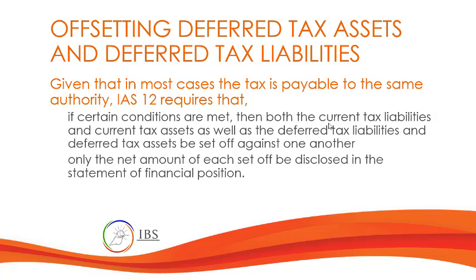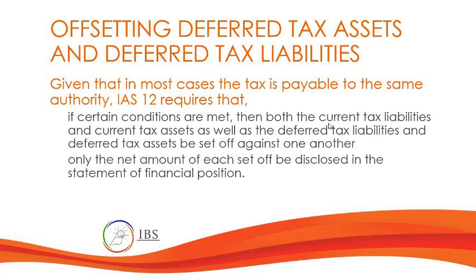Now, offsetting deferred tax assets and deferred tax liabilities. Given that in most cases the tax is payable to the same authority, in this case IRC, IAS 12 requires that if certain conditions are met, then both current tax liabilities and current tax assets, as well as deferred tax liabilities and deferred tax assets, be set off against one another.